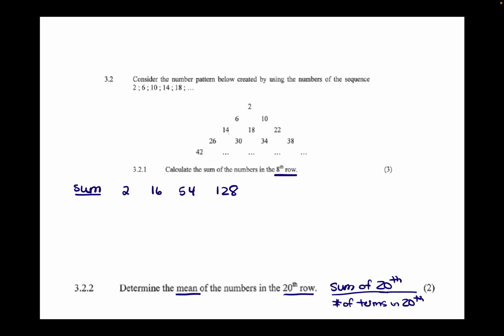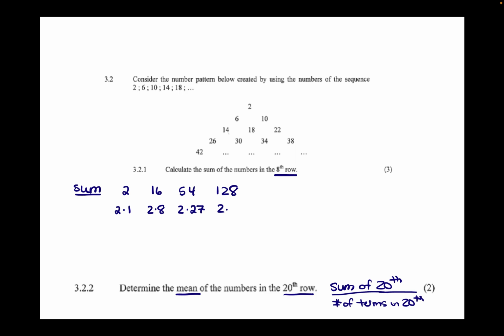It might not be obvious to me at first what the pattern here is, but if I've studied different patterns and I know my squares and my cubes, I might notice that each of these is just 2 times a perfect cube.